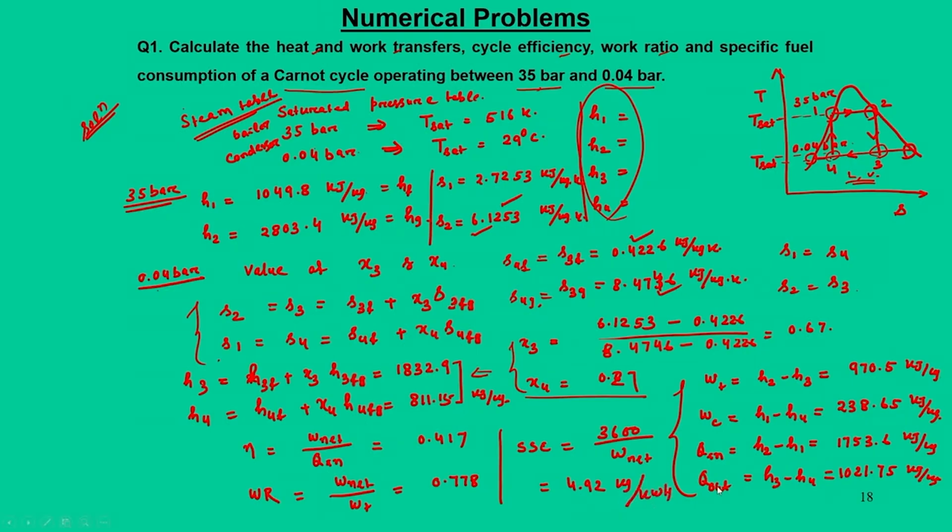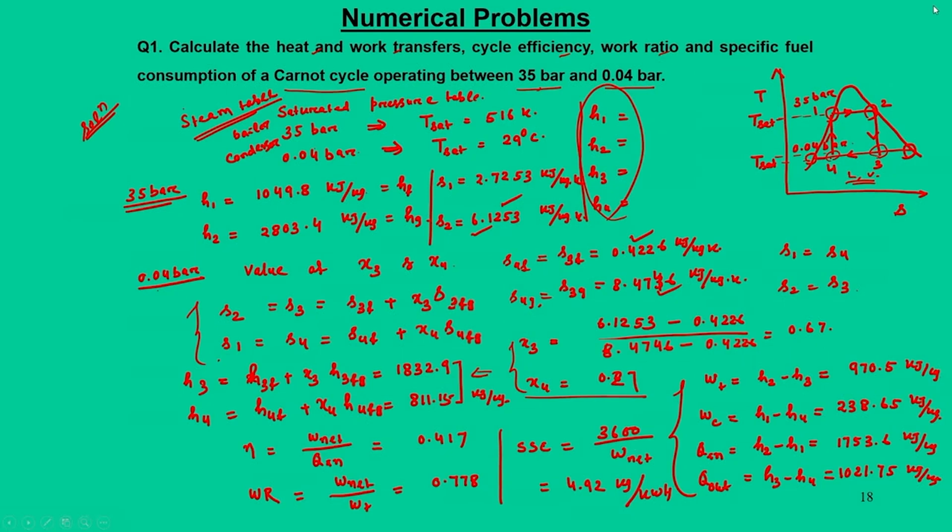So, basically what we did, we drew this Carnot cycle, found its cardinal points, then from this data we evaluated parameters like efficiency, work ratio and specific steam consumption.